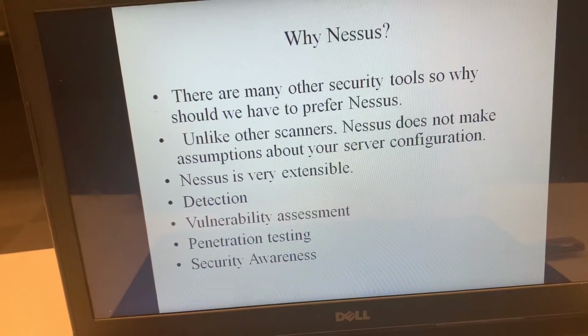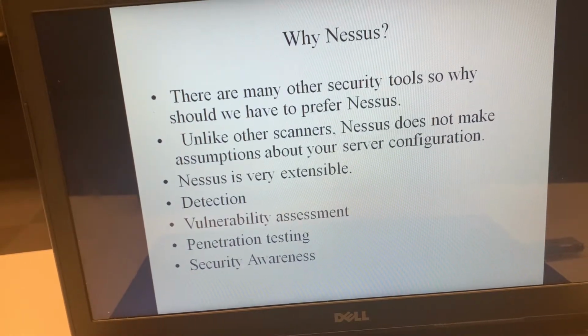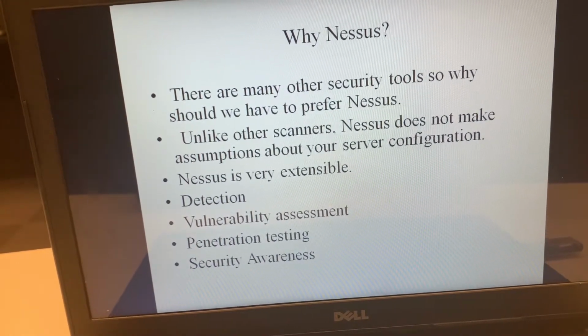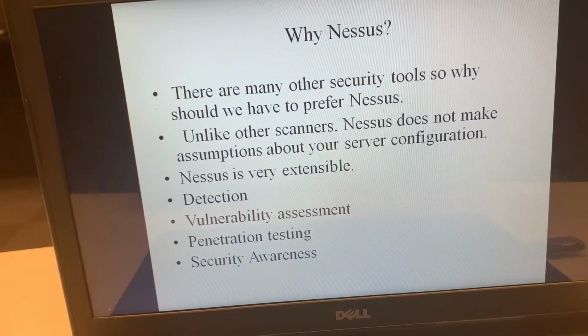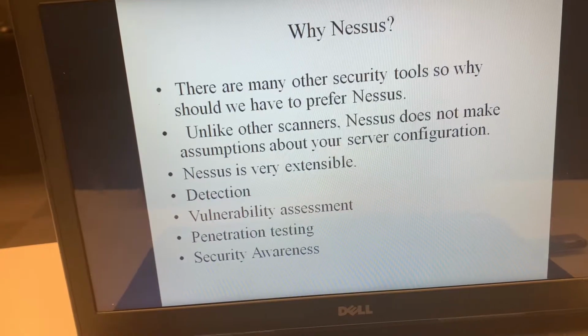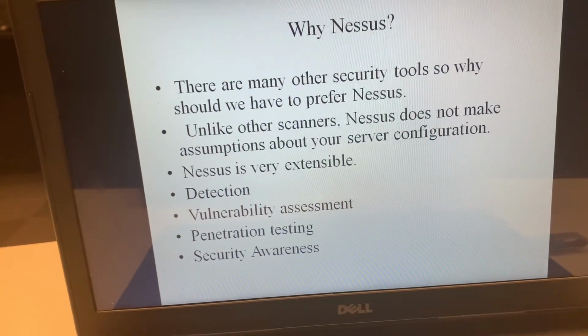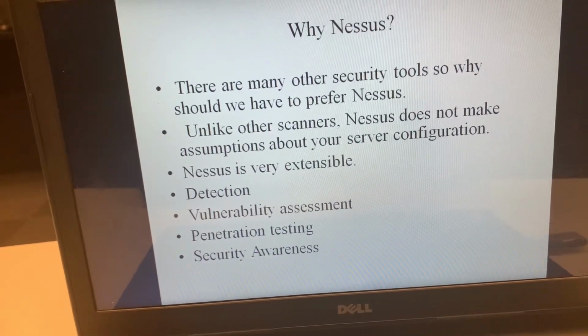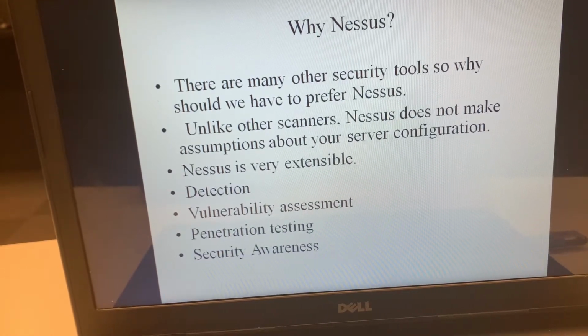Why Nessus? Why do we have to use Nessus as a security tool? There are many other security tools, so why should we prefer it? There are many advantages of Nessus over other security tools.